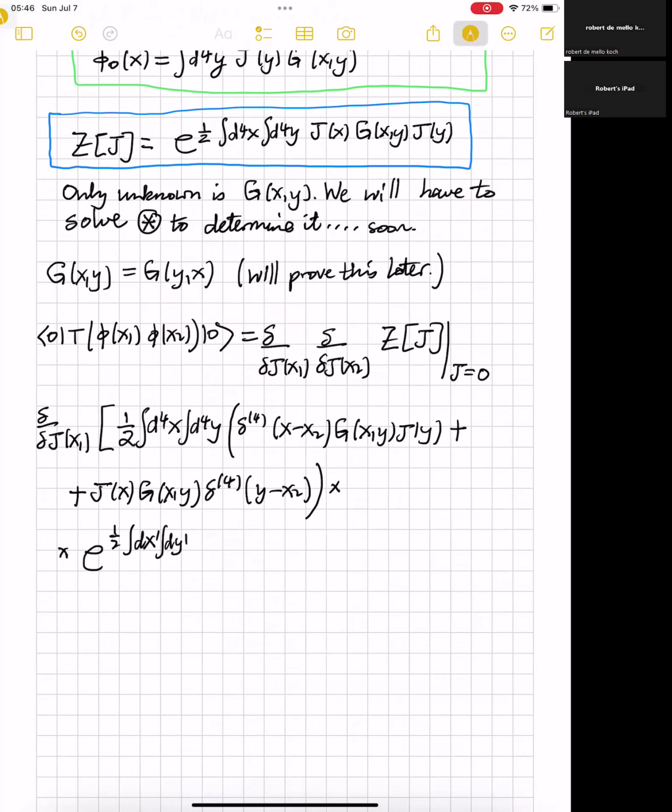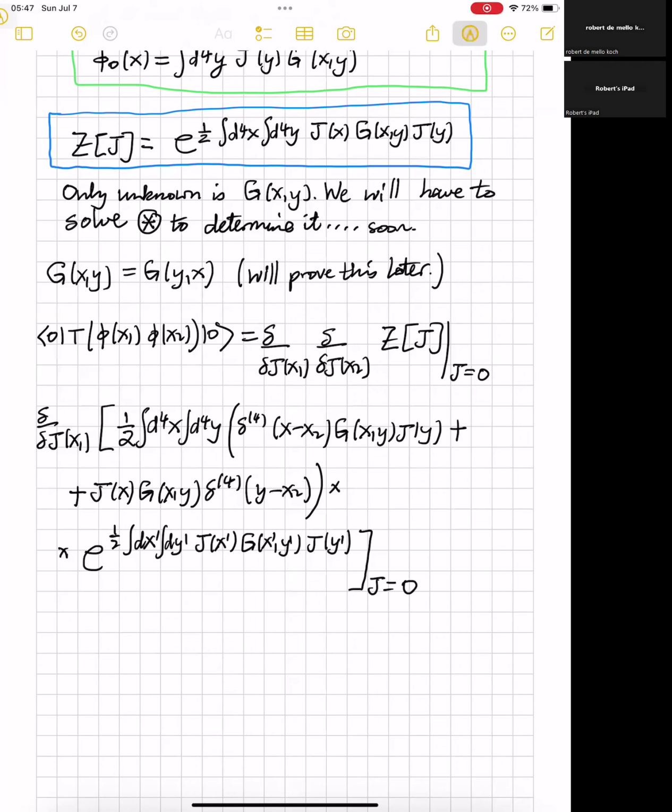I can call my integration variable anything that I want. And I'll get J of x prime, G of x prime, y prime, and then J of y prime. That's the exponential, and then I close the square brackets. And after I've taken both derivatives, I have to evaluate things at J equal to 0.